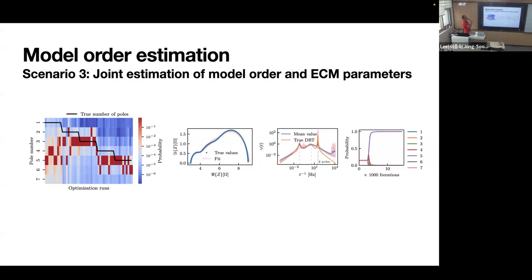If I now try the same approach on real world data and try to fit this curve here, the ice curve with blue dots, with model options with 7 poles, at the end it says that the true value has 5 poles. These are experimental data.